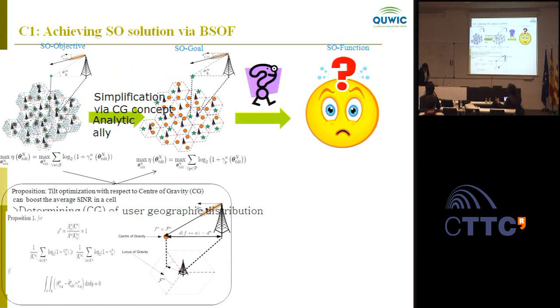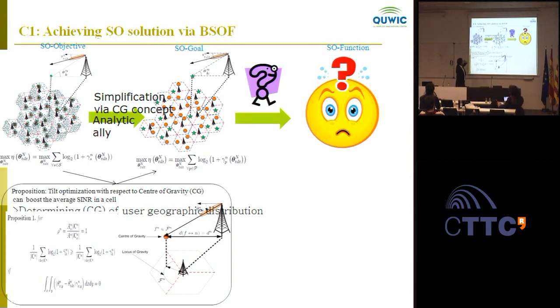Oh my God, this is a mess here. Anyways, I think this is the determination of the center of gravity user. I won't go into the detailed mathematical proof, but this is a proposition. You can call it a theorem.